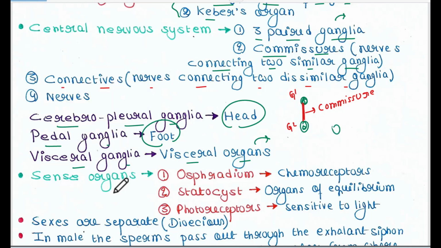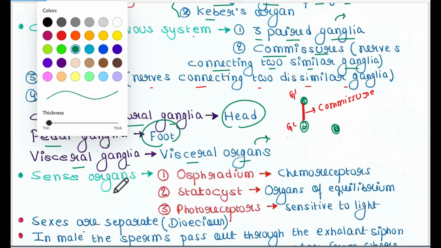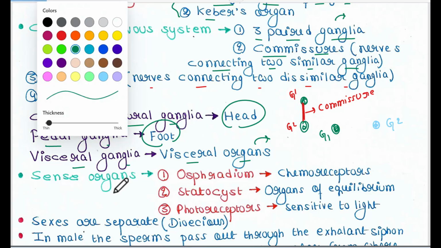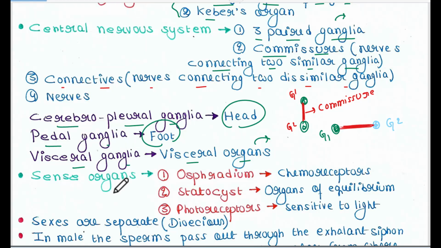Suppose here is ganglia 1 and here is ganglia 2, and here are the nerves connecting the two dissimilar ganglia. Those nerves are known as connectives. So I hope you understand the difference between commissures and connectives, and nerves are also present.